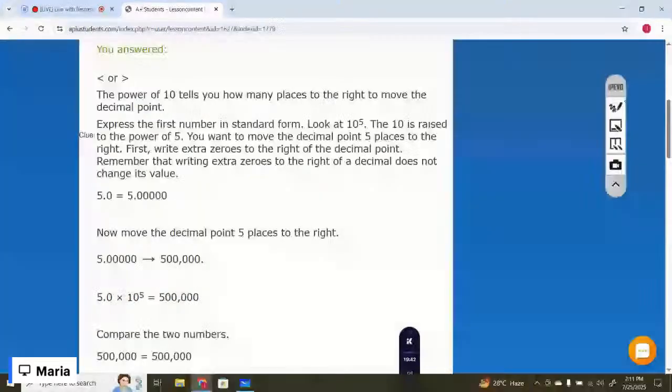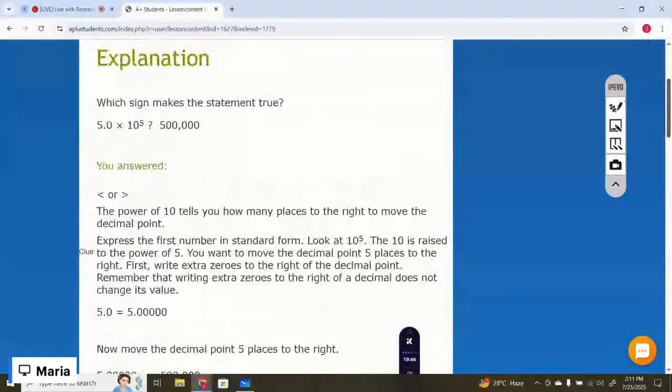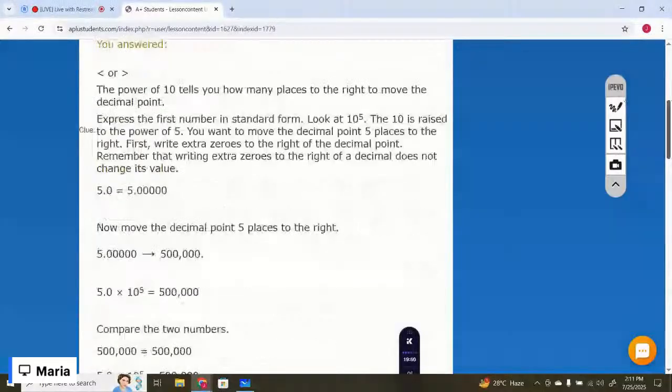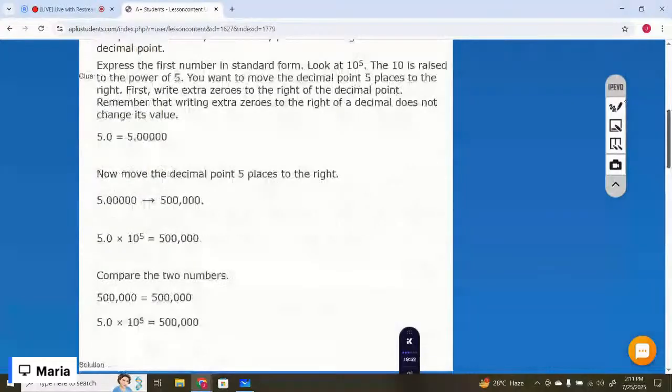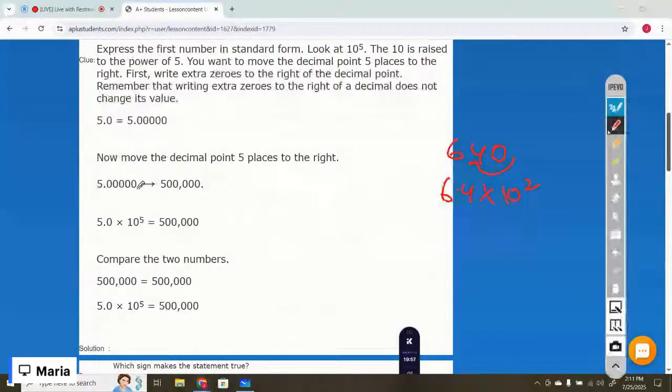Whenever we compare them, they must be in the same form. Either they both are in scientific notation or they both are in standard form. So the first thing is we have to convert 500,000 to scientific notation. We can move the decimal point 1, 2, 3, 4, 5 places left. So that would be 5 times 10 exponent 5. Now we compare, and they both are exactly equal.